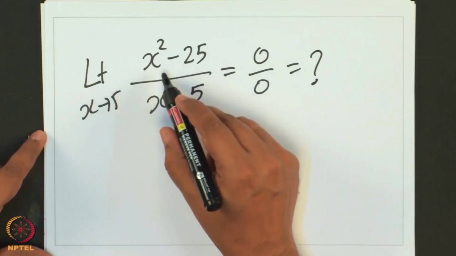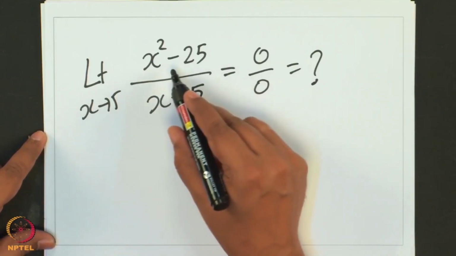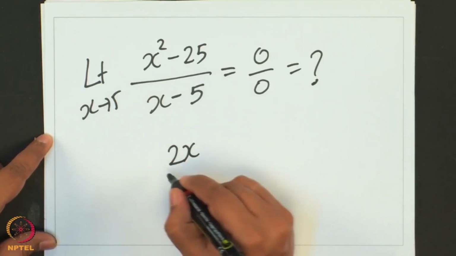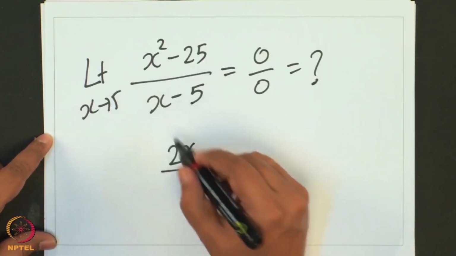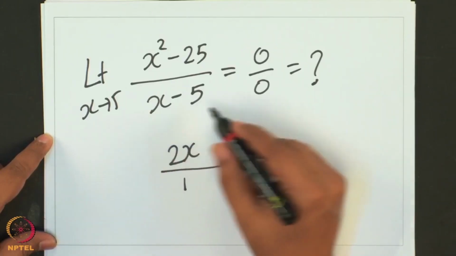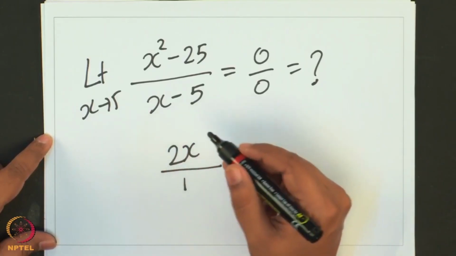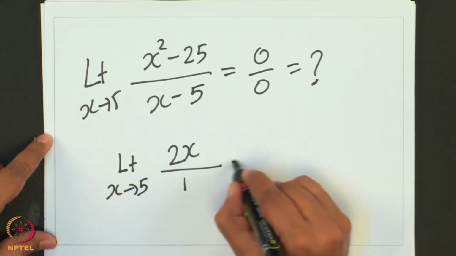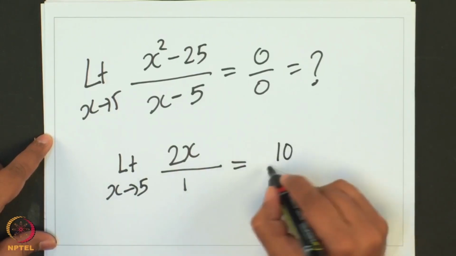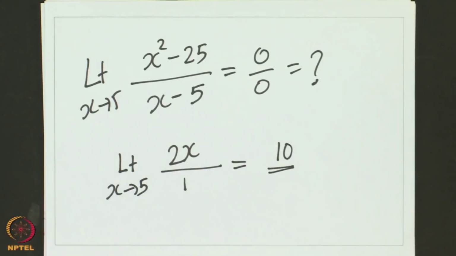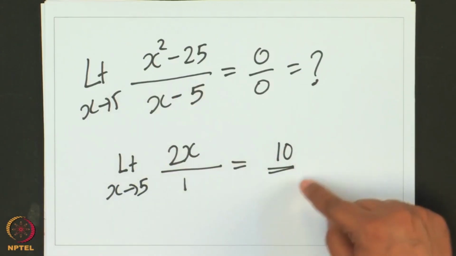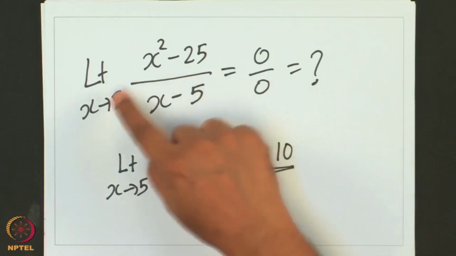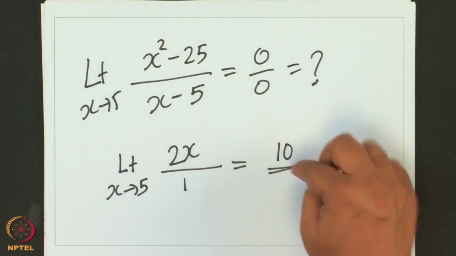If I take the derivative of the numerator, the derivative of x square is 2x and the derivative of 25 is 0, and the derivative of the denominator is 1. You have to apply the limit x going to 5 here. This would give you 10. So the answer to this is going to be 10. As x goes to 5, this function will have a value of 10.